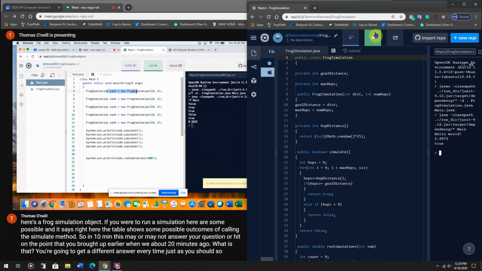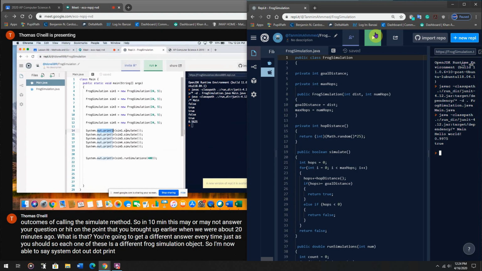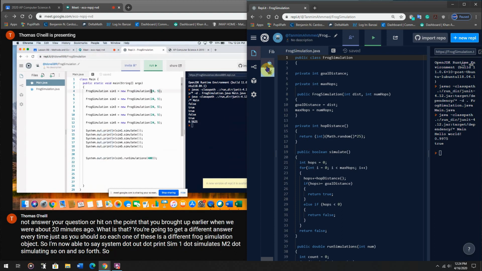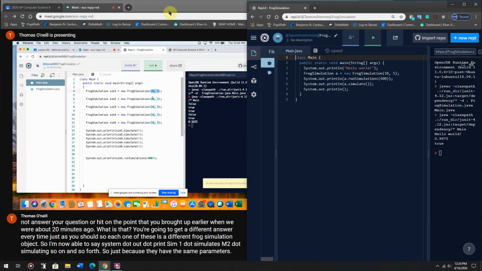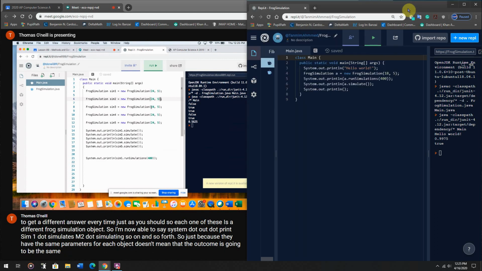Each one of these is a different frog simulation object. So I'm now able to say system.out.print sim1.simulate, sim2.simulate, and so on and so forth. Just because they have the same parameters for each object doesn't mean that the outcome is going to be the same each time.